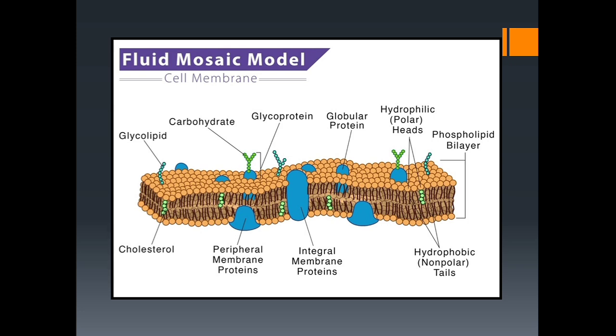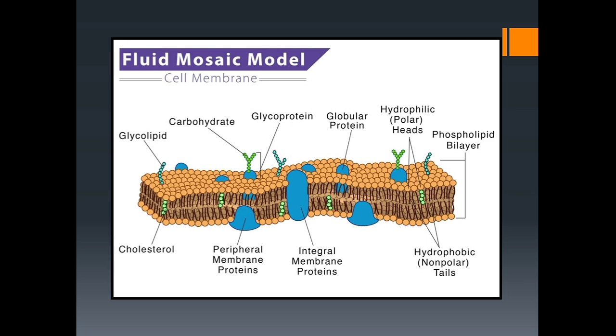The carbohydrate attached to the phosphate head, you can see the phosphate head, that lipid is called a glycolipid. The carbohydrate attached directly to the phosphate head of the plasma membrane is called a glycolipid, which is directly attached to the lipid part.